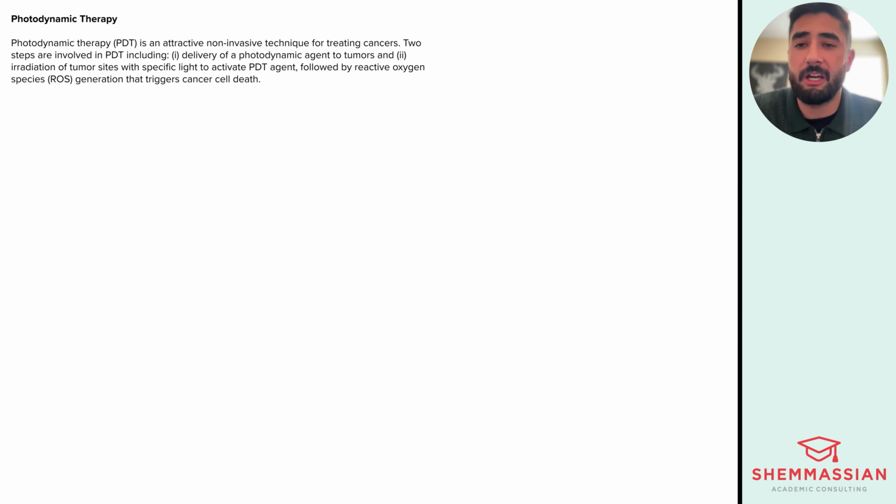I'd also want agent to tumors, irradiation with specific light to activate agent, followed by ROS. What that tells me is that this paragraph is really about light. We're using an agent applied to the tumors, shining some type of light on it, and that activates the agent, leading to ROS, and that leads to cancer cell death.